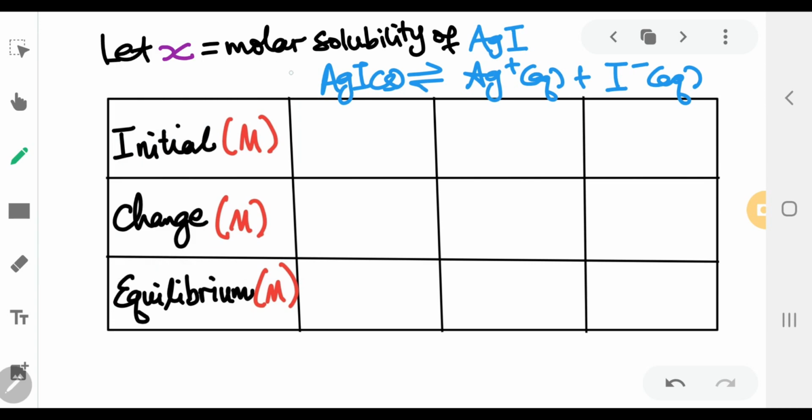So by writing the balanced equation, you get 1 mark, and do remember to write your phases, which is very important. And you need to write this statement on top: let X equal the molar solubility of AgI.